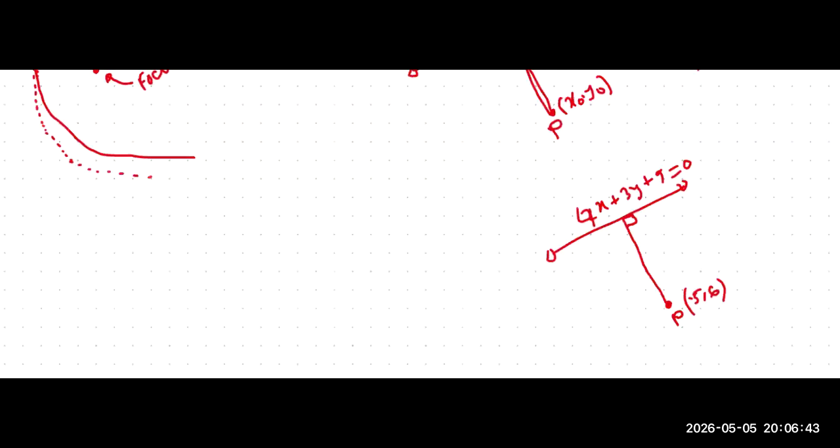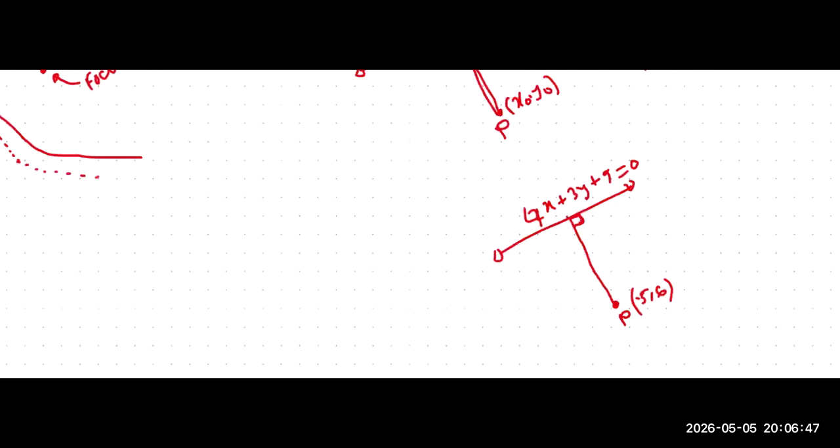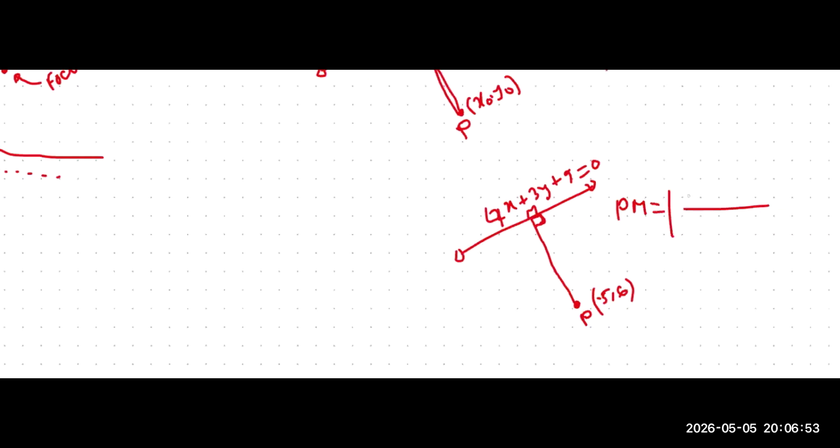According to the formula, if this intersecting point is M, our interest is to find PM. PM is the absolute value of 4 times 5 plus 3 times 6 plus 9, divided by square root of 4 square plus 3 square.